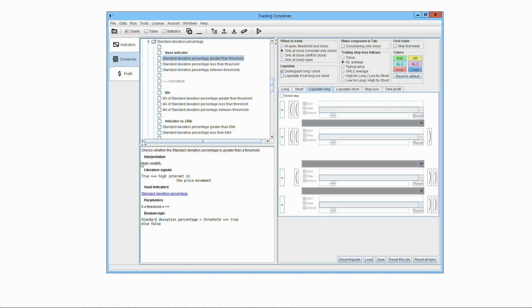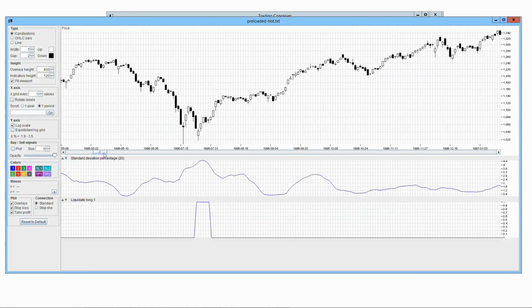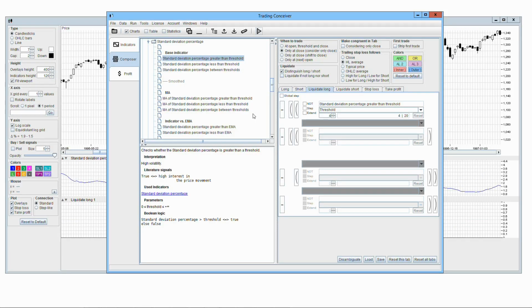When the algorithm is true, volatility is high. If you want to liquidate your positions when volatility is high, put this indicator in the Liquidate tabs. Maybe in the only one present when not distinguishing between long and short.